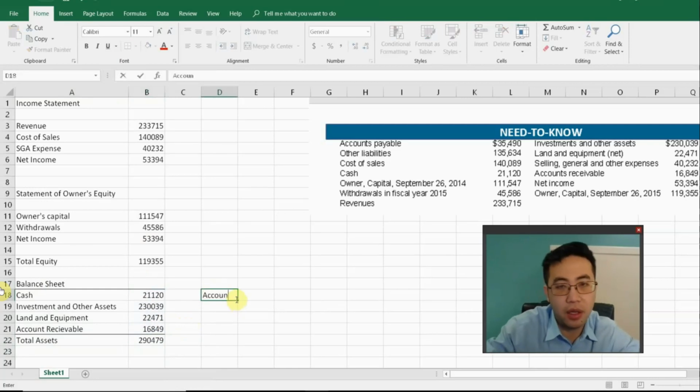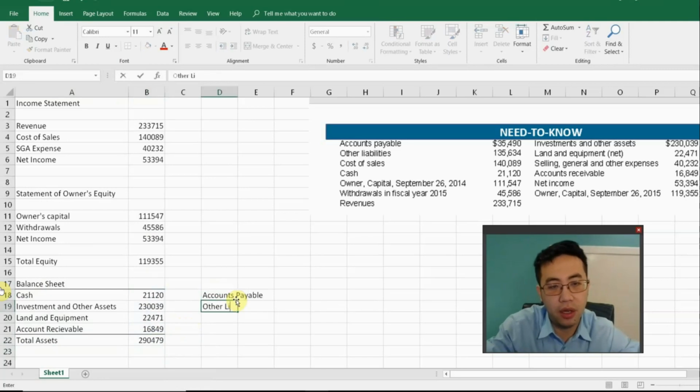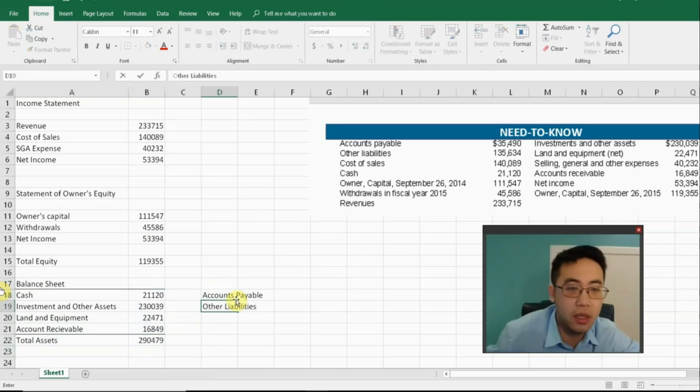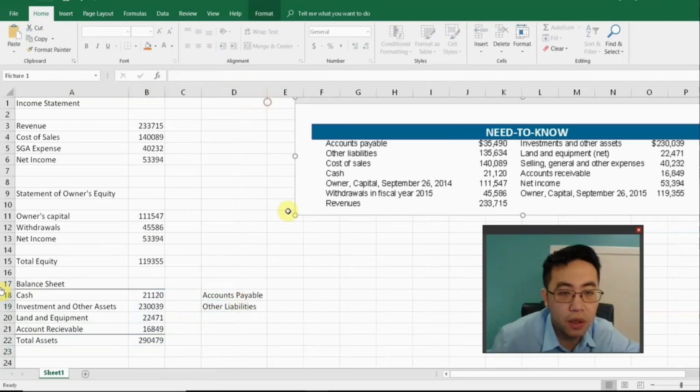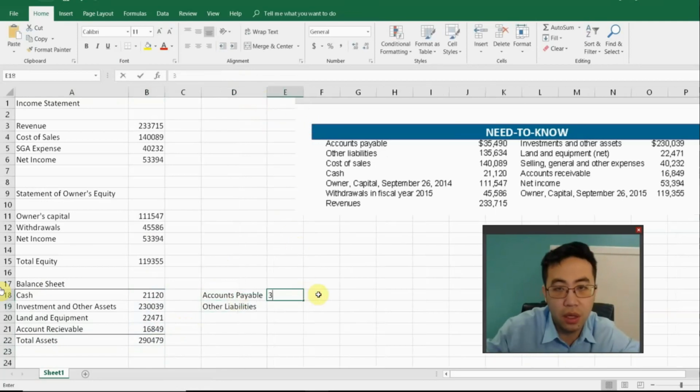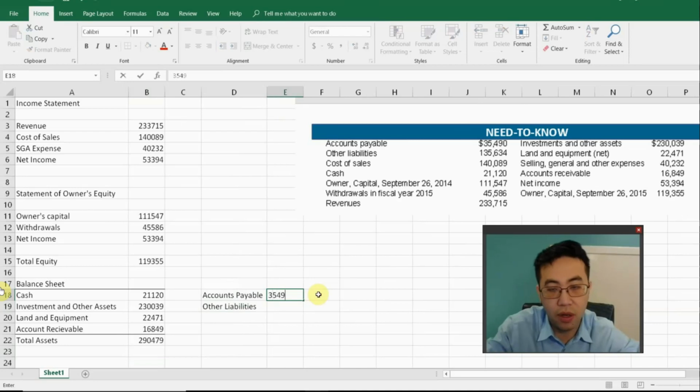I have accounts payable and other liabilities. They are all at a significant amount. This is 35,490, and other liability is 135,634.